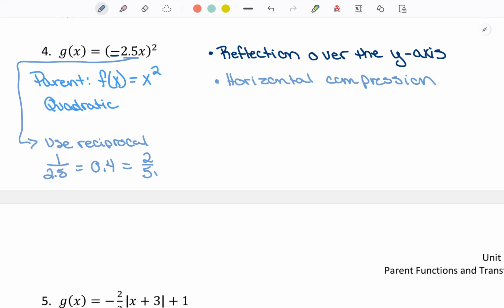So either the decimal or the fraction is fine, but you definitely don't want to use 1 over 2.5. I'm going to go ahead and use the fraction, by a factor of 2/5.